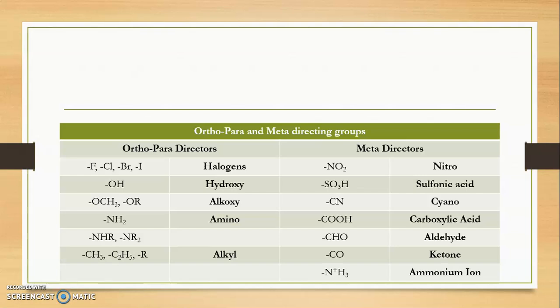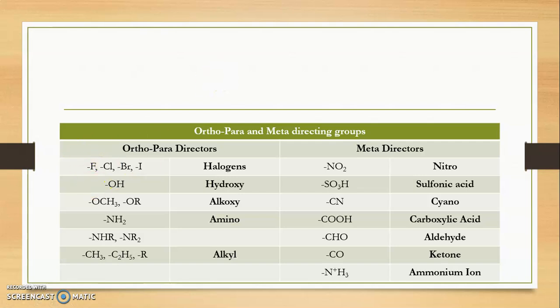Let's see various examples. Fluorine, chlorine, bromine, iodine, all halogens, are ortho para directors. So when chlorobenzene, bromobenzene, iodobenzene or fluorobenzene undergo an electrophilic substitution reaction, the substituent is attracted towards the ortho or para position.